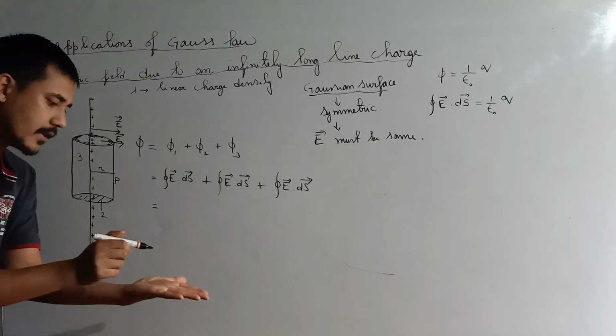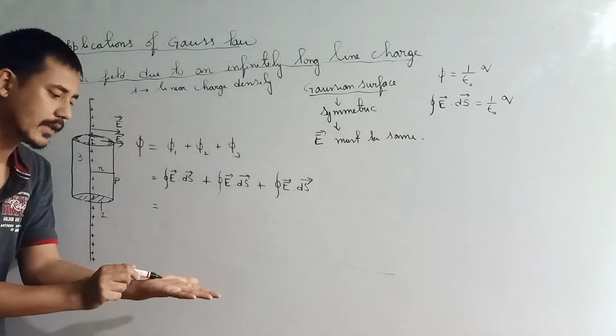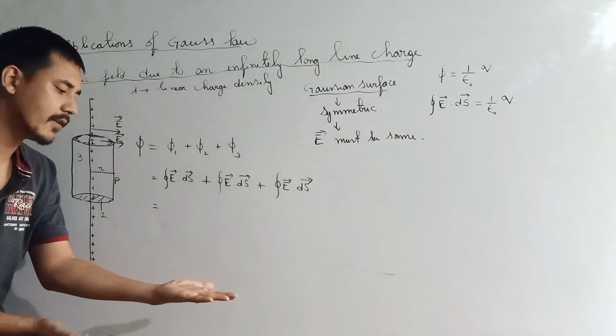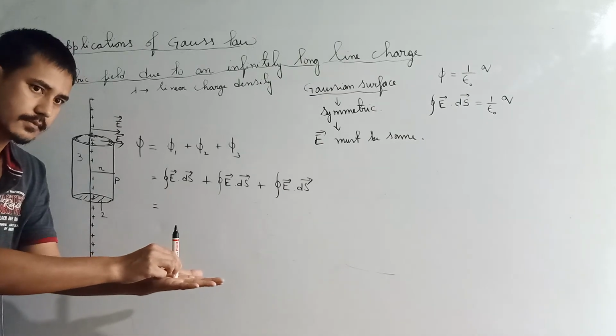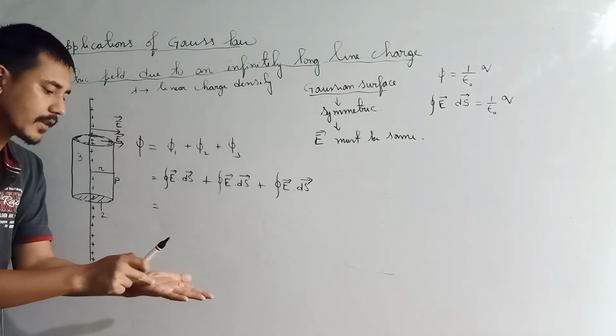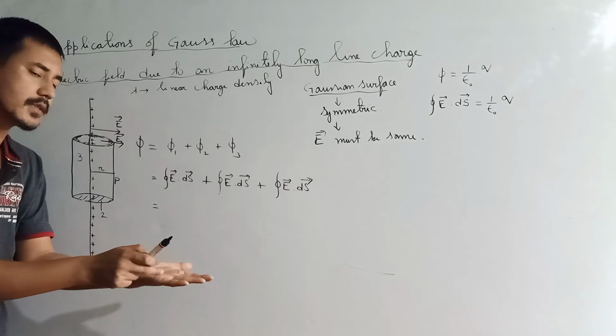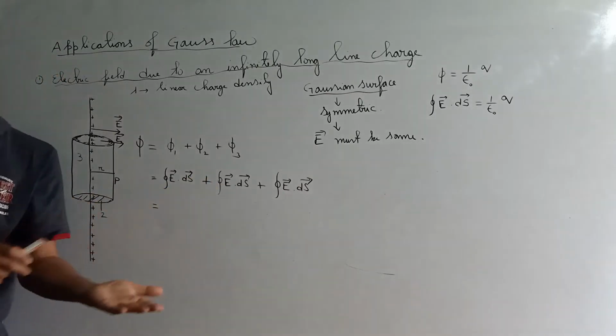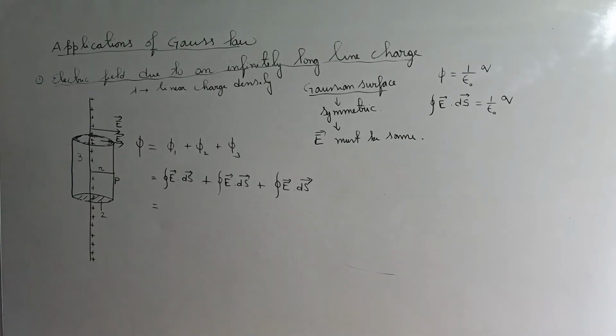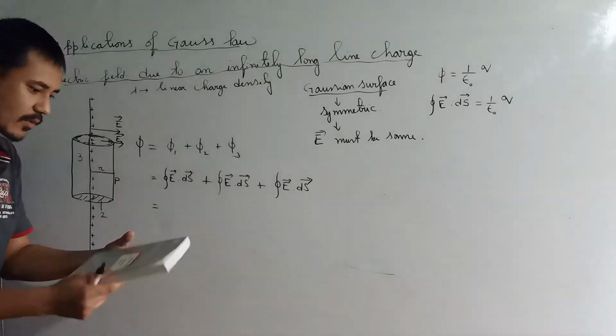Suppose you have a circle lying on the table. What will be the area vector of that circle? Just think that this is a cuboid, a closed surface.